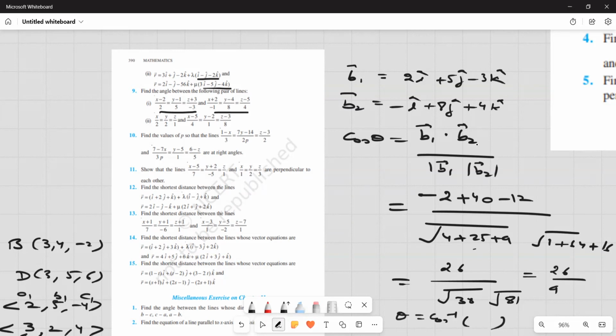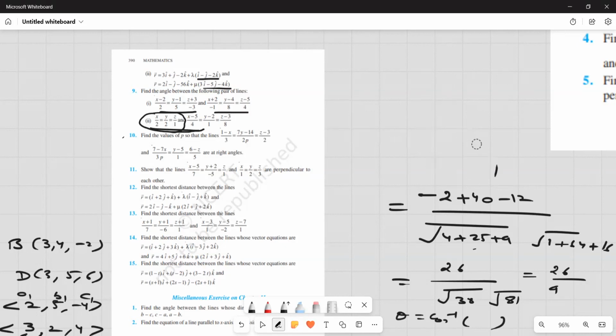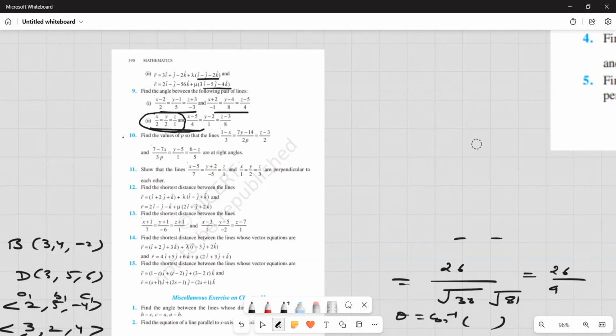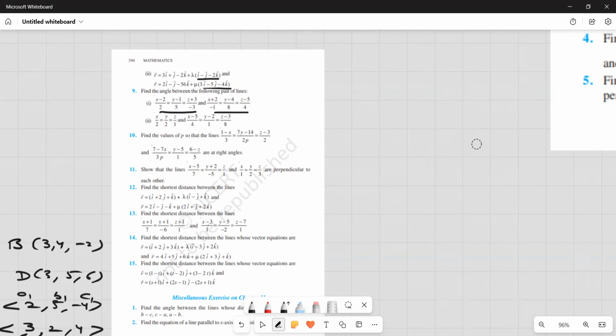Now, in this question, if you remember, when there is no point, this is the equation of the line passing through the origin. If they ask you and they have given you 2 points in which one is origin, then it is compulsory for you to take that as a point.